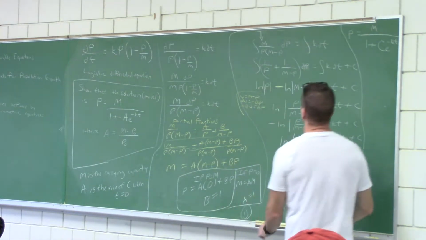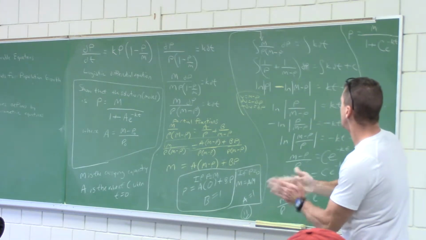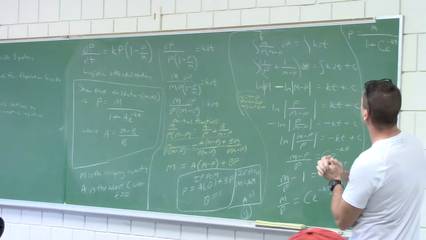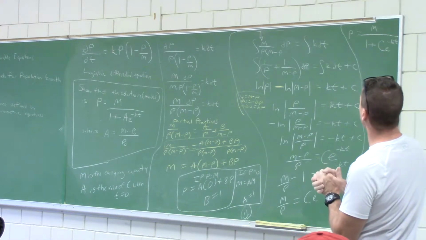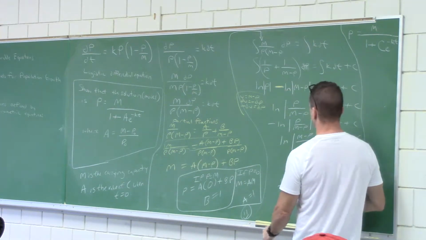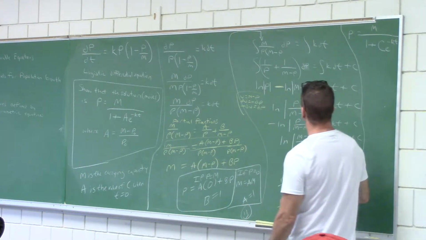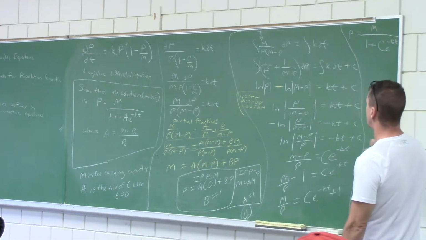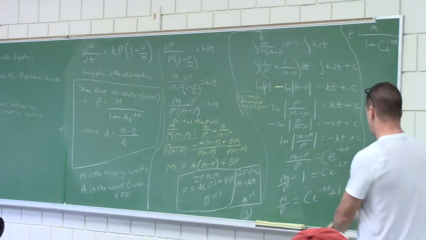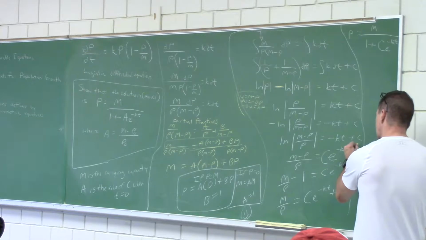Well, let me go back to my work here. We'll keep looking. A is the value of c when t equals 0. Right there. How about right here?